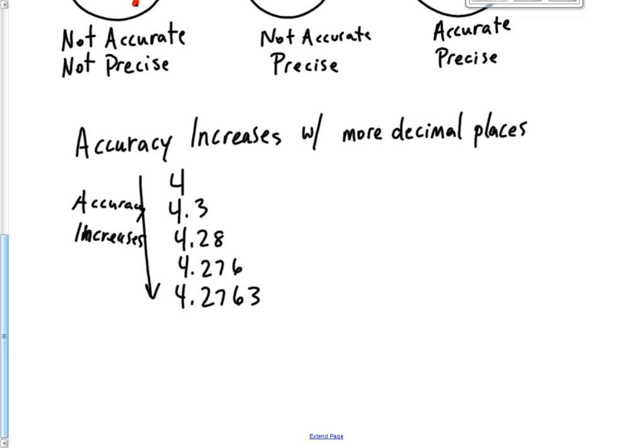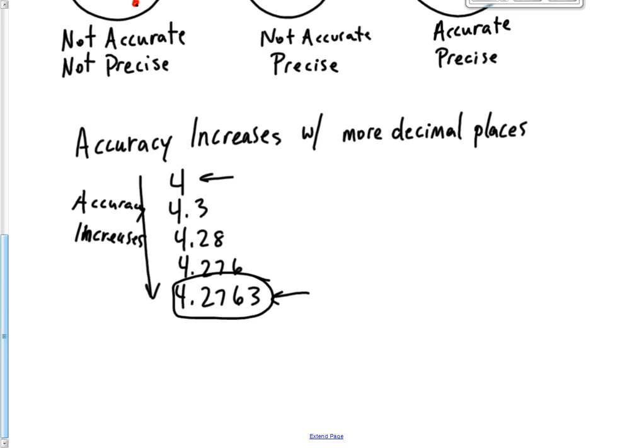As we get more decimal places, this number right here is going to be way more accurate than just 4. Okay, so 4.27363 is going to give you a way more accurate answer than just 4. All of these could be rounded to 4, but this one down here is going to be your most accurate number.